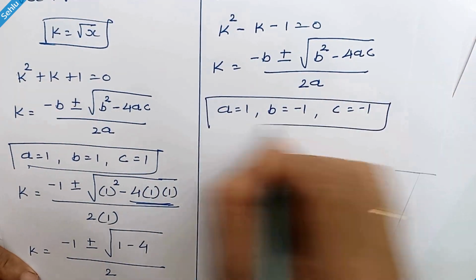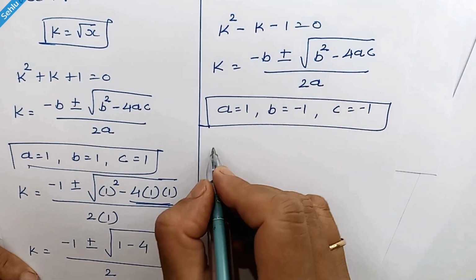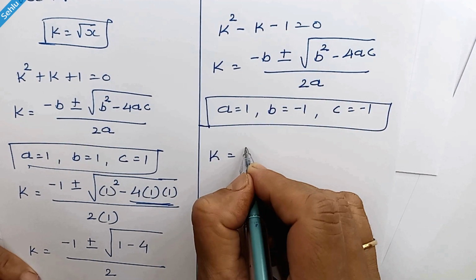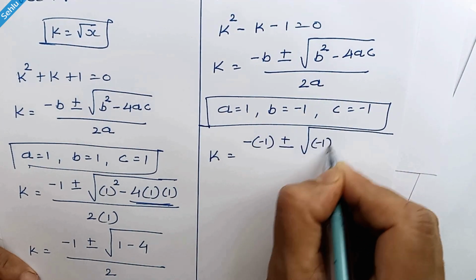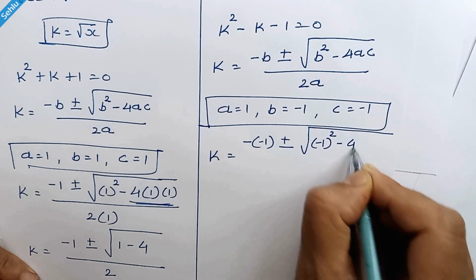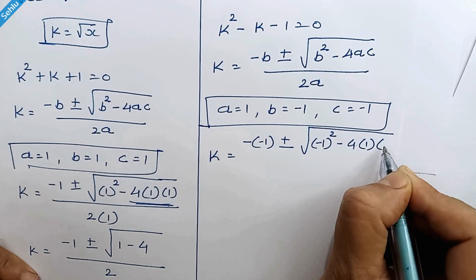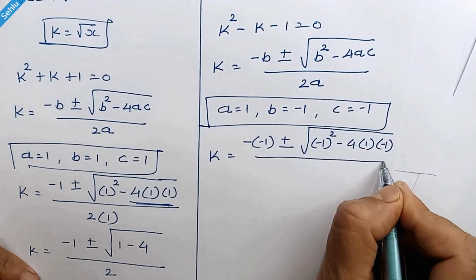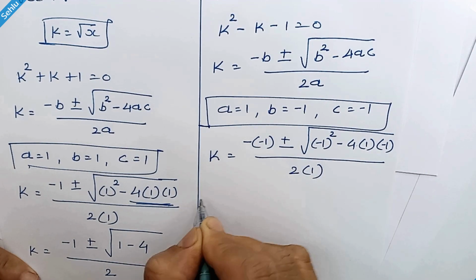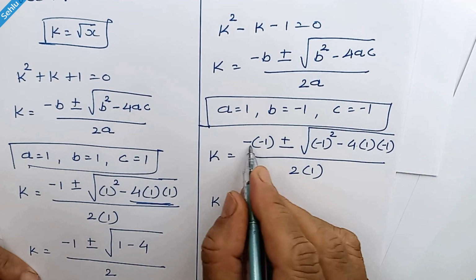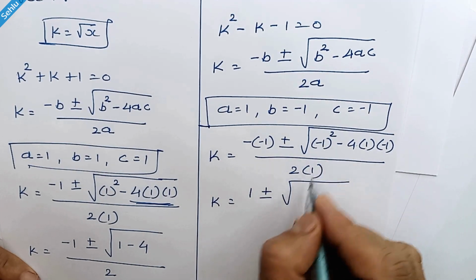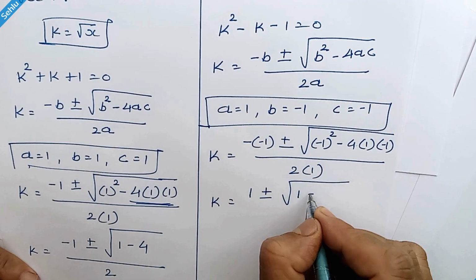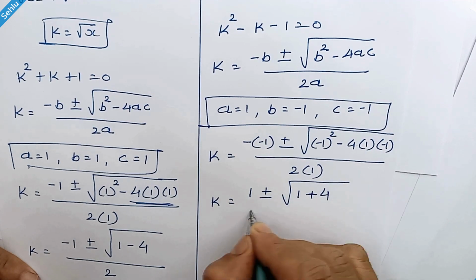Put these values in this formula. A is 1 and c is negative 1. So negative negative will be positive. Negative 1 squared is 1 and this will be positive 4.